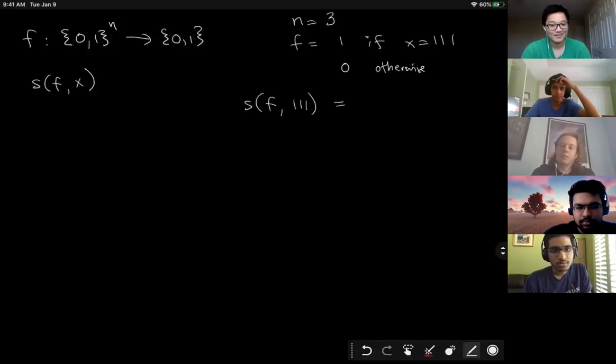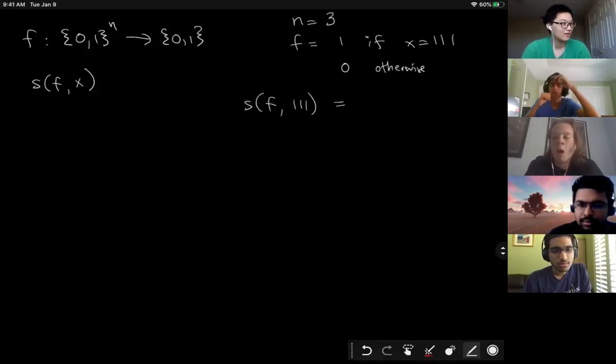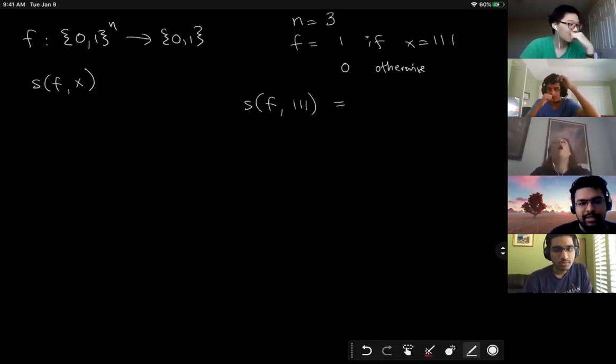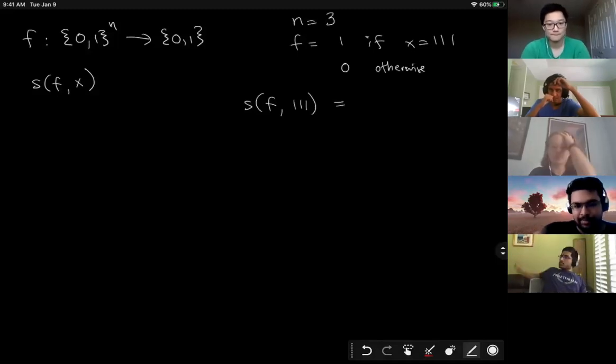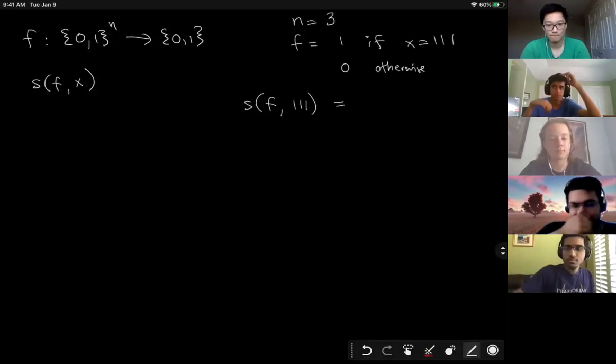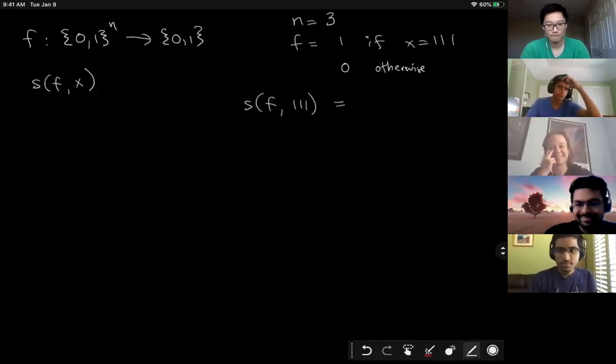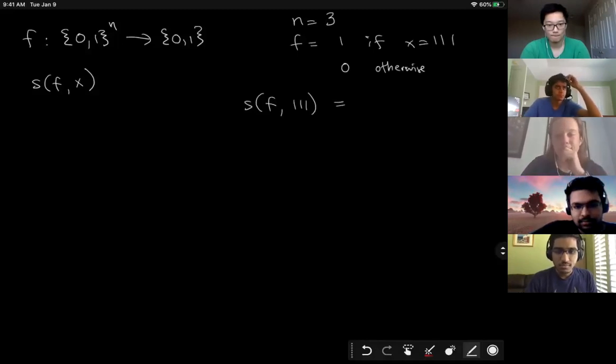Each one individually: if we change any of the 3, the output changes. So for this it's 3.